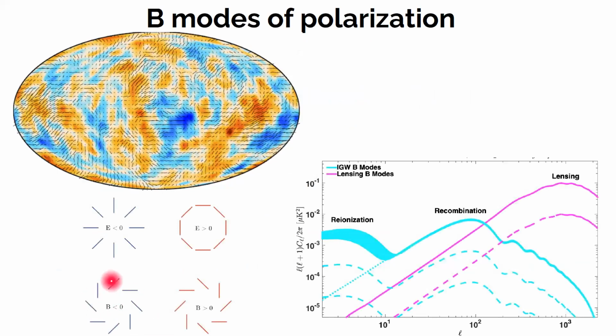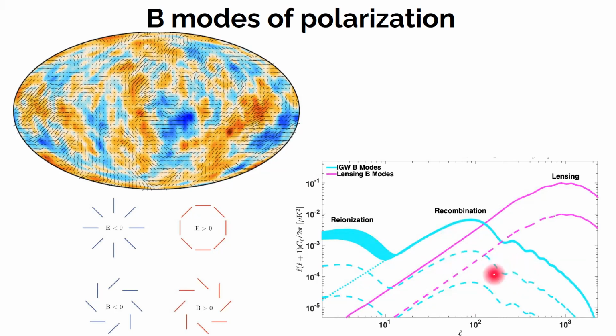They have this kind of pattern where under reflection in the mirror, they change the sign. And there are actually several different regimes of these B modes. For example, there's what we call the reionization bump on very, very large scales. This is very difficult to measure due to the foregrounds from our galaxy. Then we have this recombination bump, and this is around L of 100. This is what most experiments are focusing on these days.